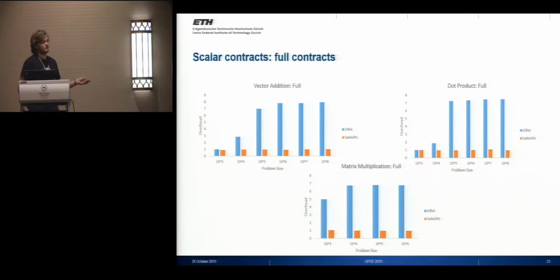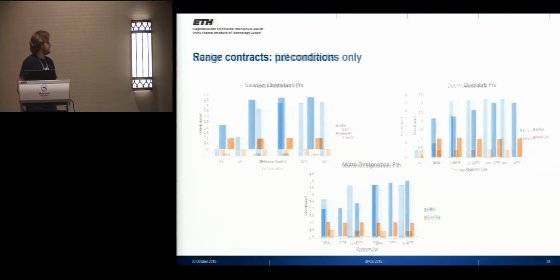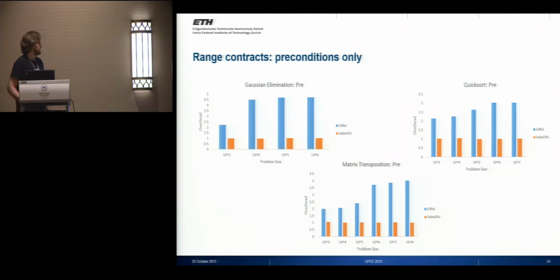And so if we turn on full contracts, preconditions, postconditions, and invariants, things for IFIL get even worse. The overhead scales even more, and SafeGPU is still fine. So for range contracts, the situation is kind of the same. If we keep only preconditions, IFIL also starts pretty high in terms of overhead, and SafeGPU doesn't care.